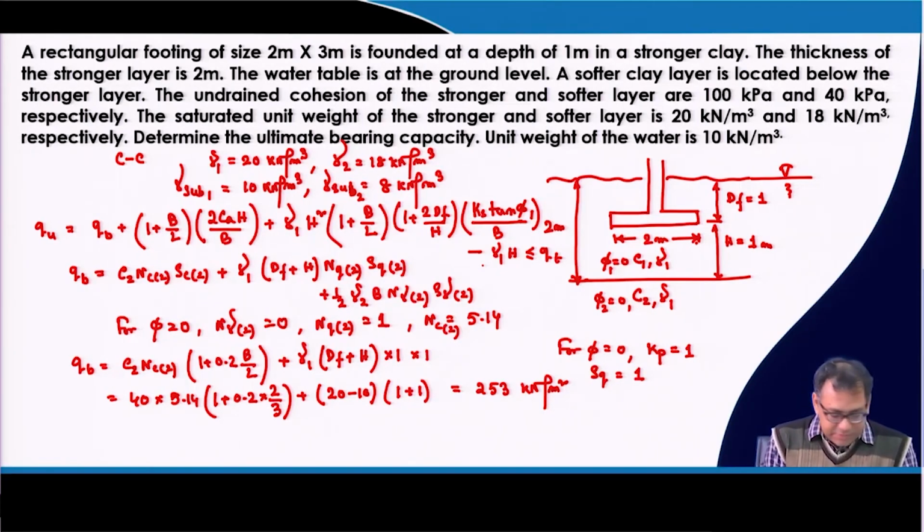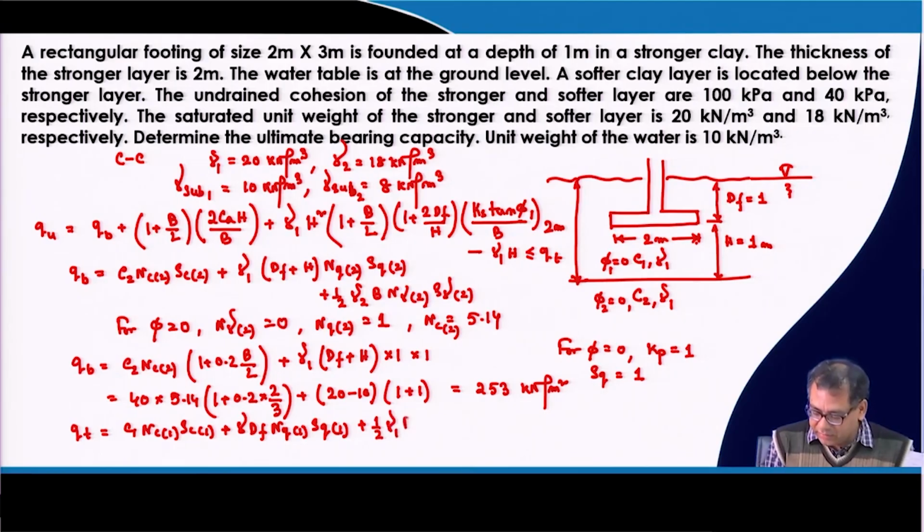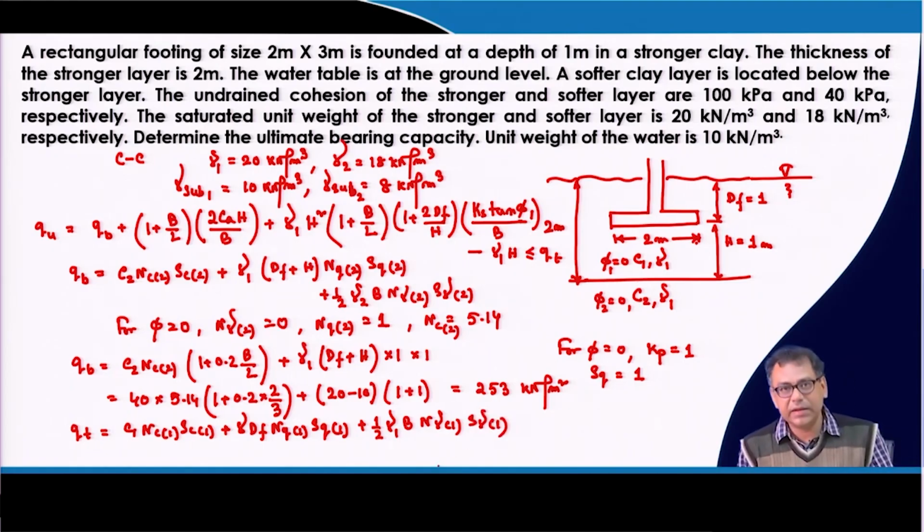Now I will calculate the QT. QT, if the foundation is placed on the top surface, is again your QT expression: C1 NC1 SC1 plus gamma df NQ1 SQ1 plus half gamma 1 B N gamma 1 S gamma 1. Okay, this is the general equation.